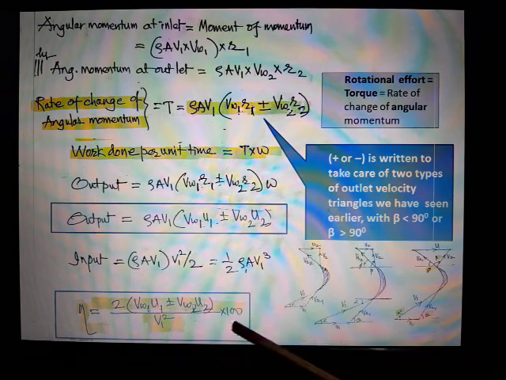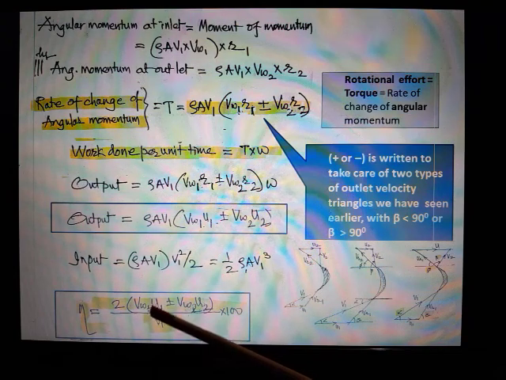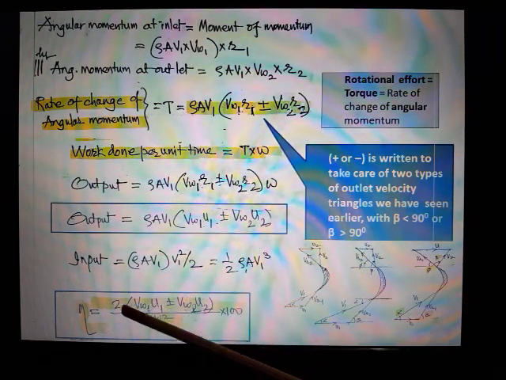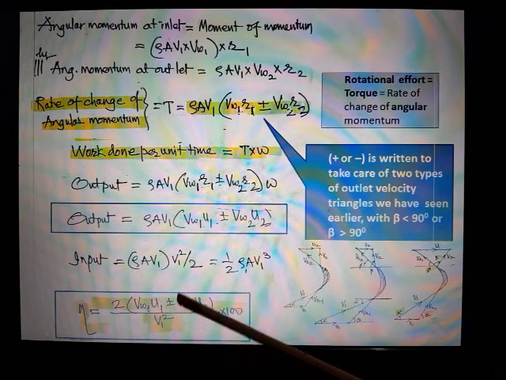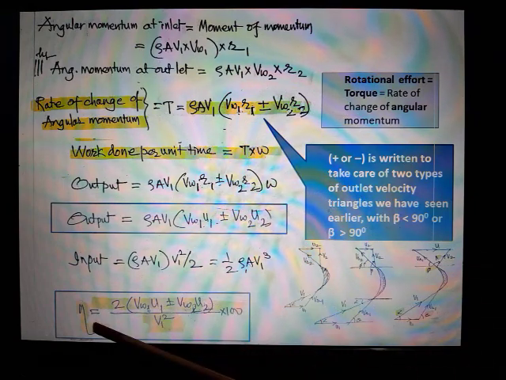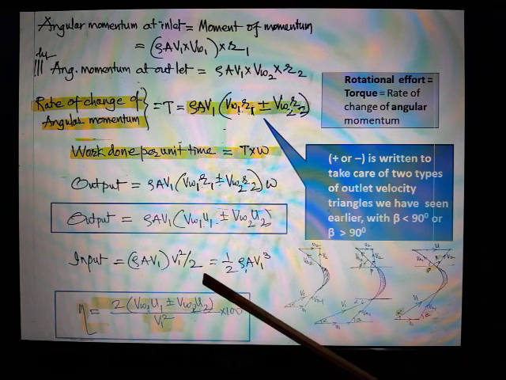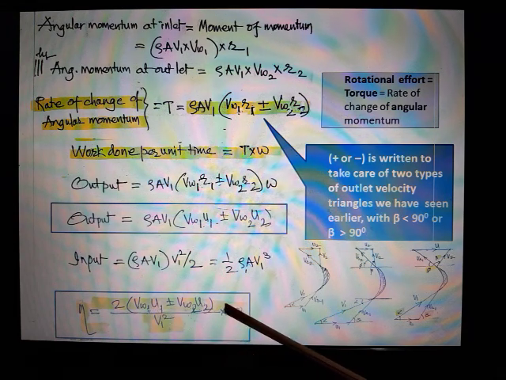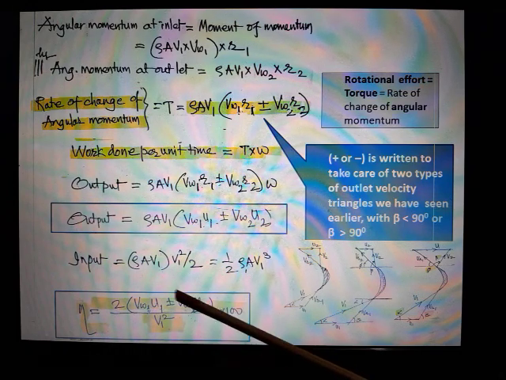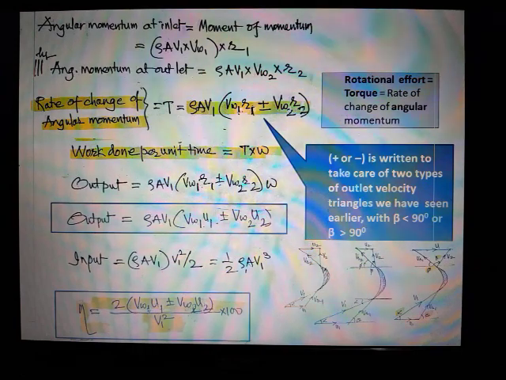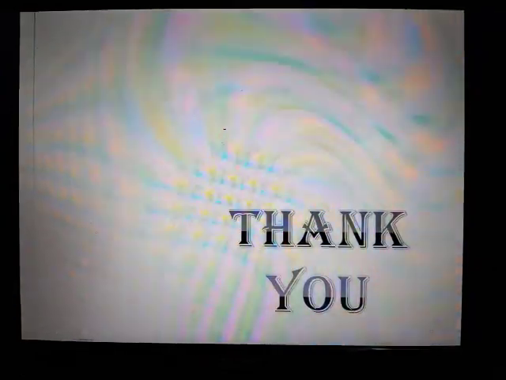What you should appreciate is if u1 equals u2 equals u, this comes out, and 2u into bracket vw1 plus or minus vw2 divided by v1 squared would have been the expression of efficiency in tangential flow. Here it is a radial flow. Because of that, u1 and u2 are not the same because of different radial distances. The expression becomes like this. Okay, thank you.